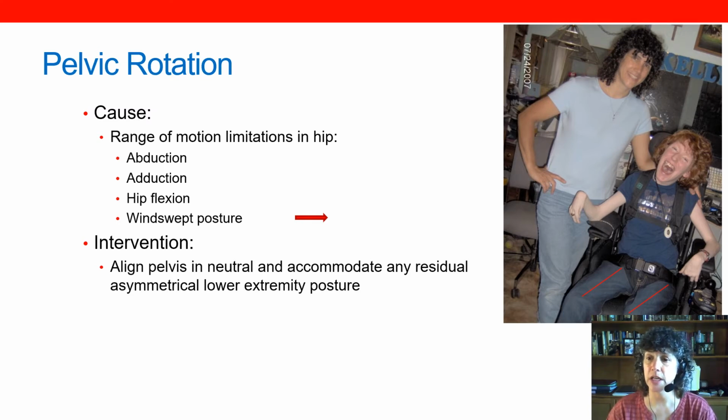So with this young lady here, I could certainly swing her legs in front of her and straighten those out, but it rotates her pelvis because of range loss. So we have positioned her so that her pelvis is in neutral rotation, as neutral in alignment as we could achieve in all planes, and we are allowing this asymmetry of her legs in order to maintain a neutral pelvis.